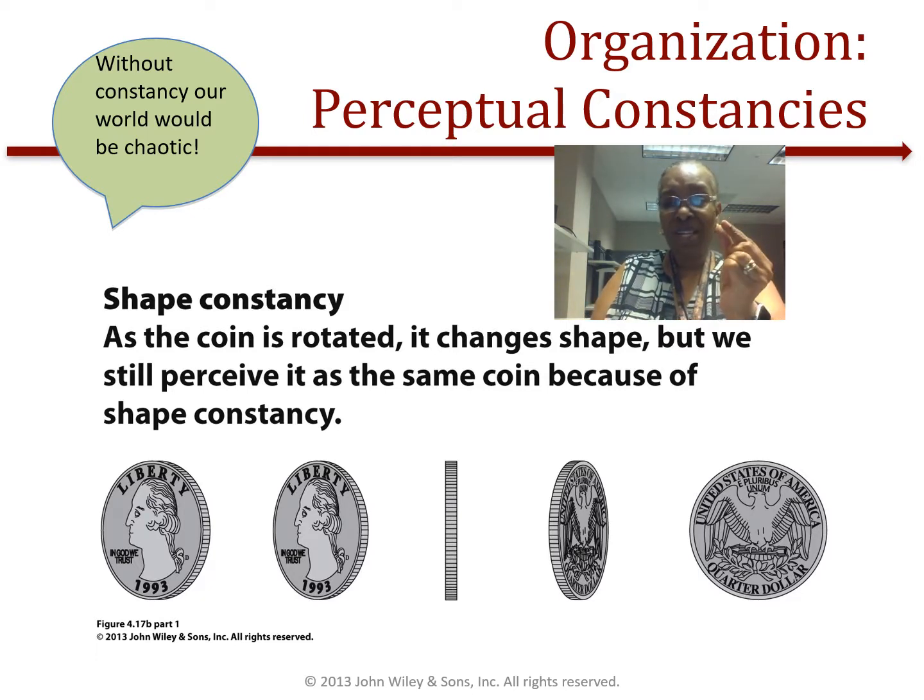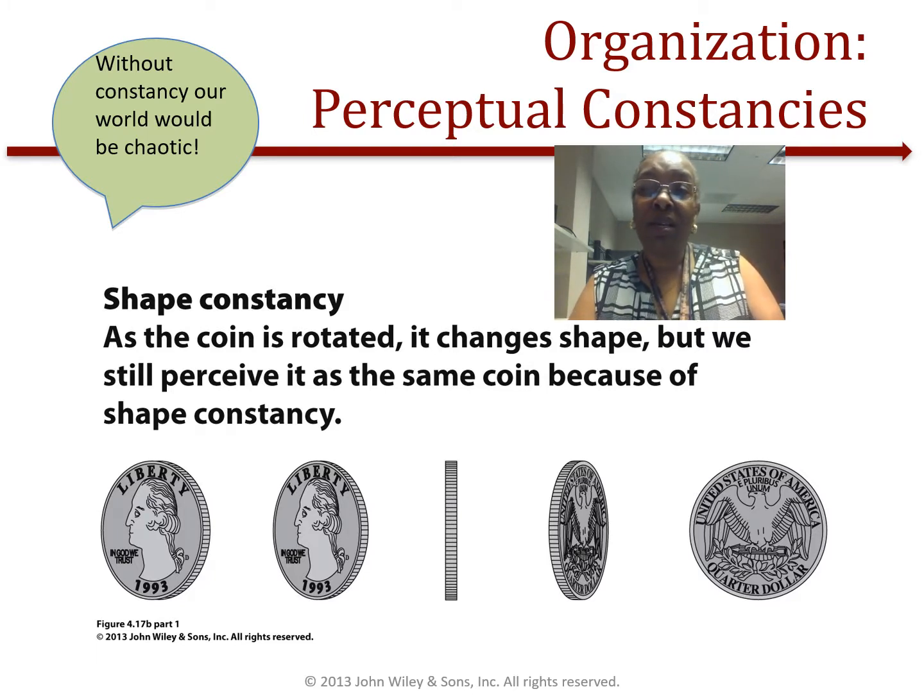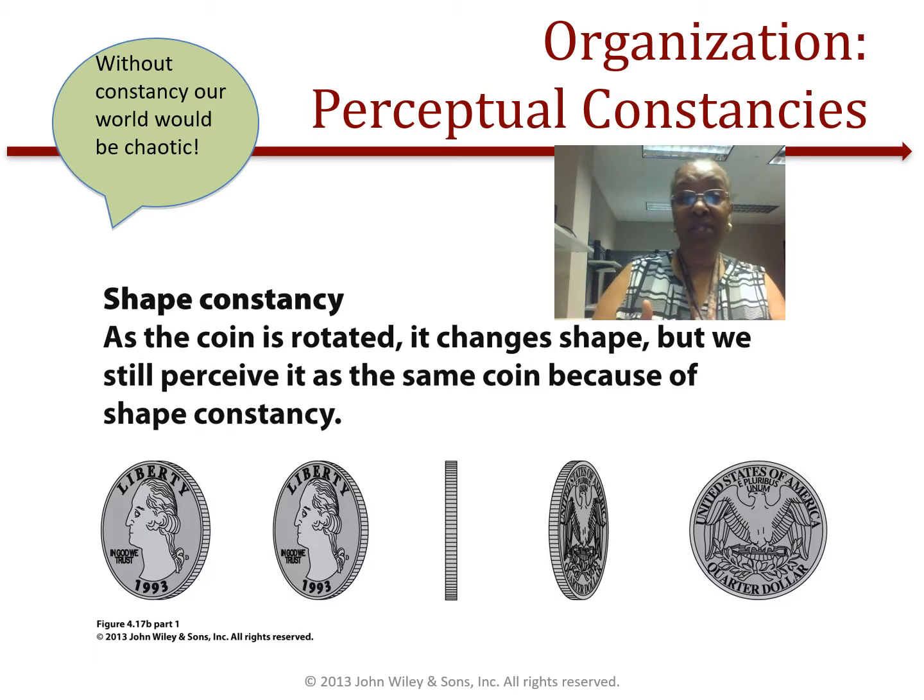Then you turn again and the shape changes yet again, and then it's back to being round and flat. Although we're seeing all these changes, if it wasn't for the constancy, we would think that we're holding a different object each and every time. But because of perceptual constancies, we know that the shape is relatively the same, even though it's tilted and turning, and we know that this is a quarter.